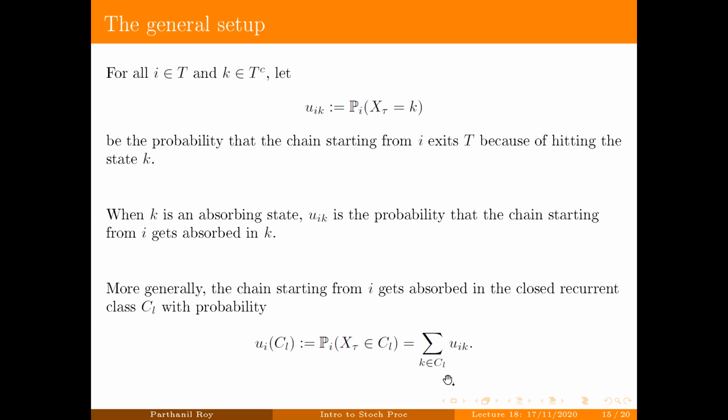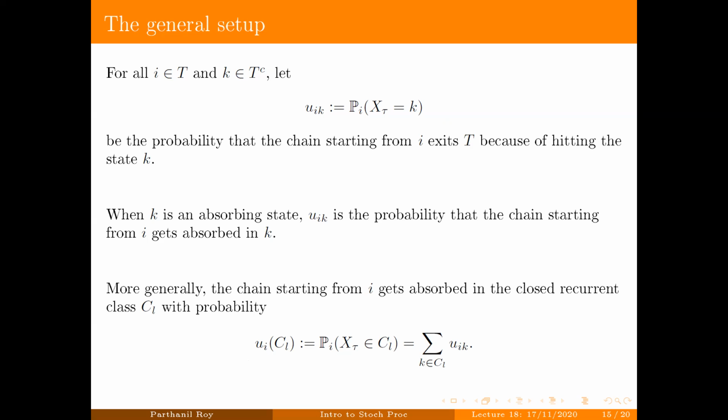By using this, we'll get the probability of the Markov chain getting absorbed in the closed recurrent class C_L. So this is why we'll abuse the terminology and we'll call u_iKs absorption probabilities.